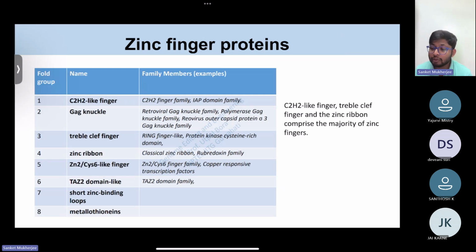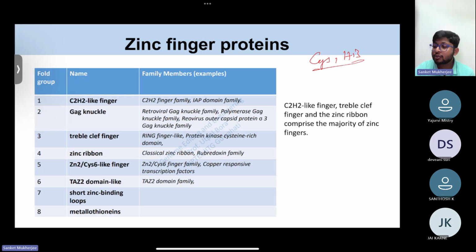These are different folds of zinc finger proteins which are already known. You can study about them. Usually when we mention zinc finger proteins, we mean the C2H2 type, where C and H stand for cysteine and histidine, based on the conserved residues in the loop. This is the most common type of zinc finger motif.